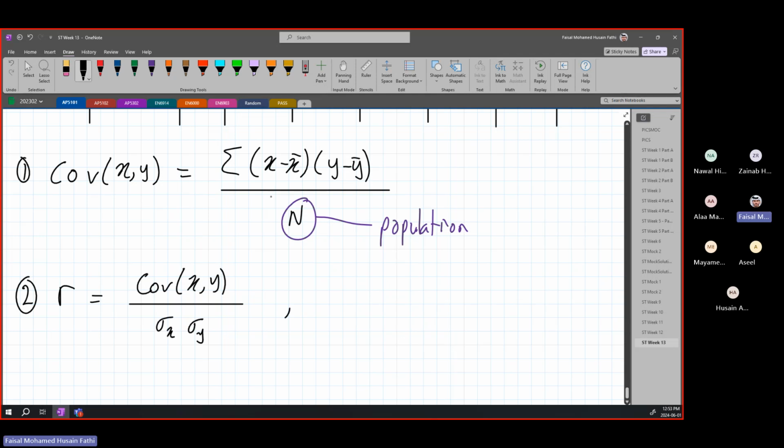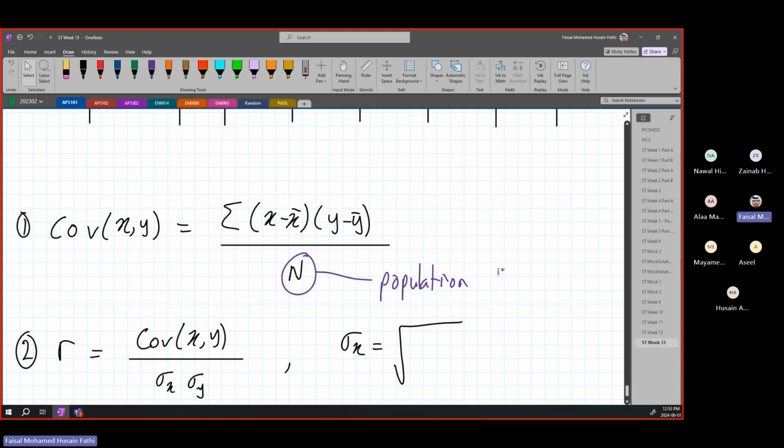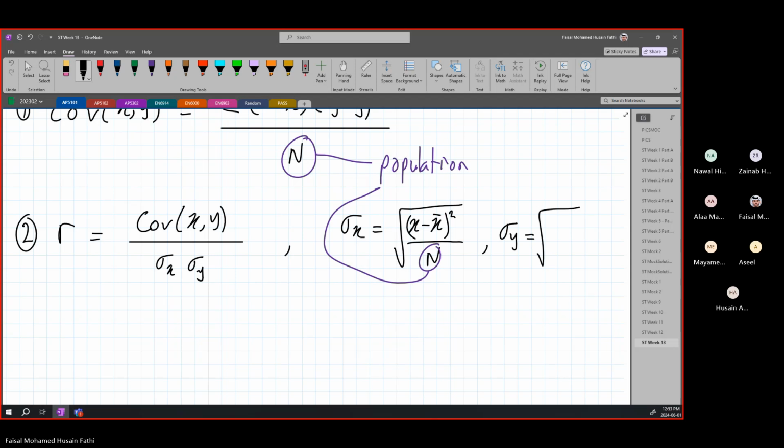And you know that your standard deviation sigma x is going to be the square root of the summation of x minus x bar squared over n, because we're talking about population, it's just n, not n minus 1. And sigma y is equal to the square root of the summation of y minus y bar squared over n, again n because this is population, all right?